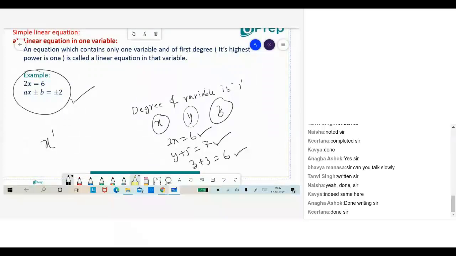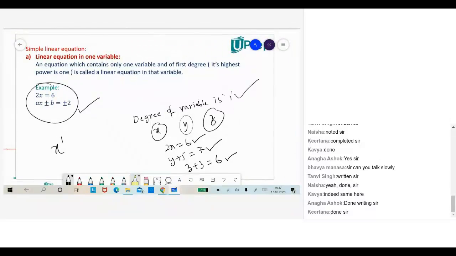So that is what is called a linear equation in one variable. Two things you need to understand, don't get confused. What is a linear equation? If the degree of the variable is 1, it's called a linear equation. Now, what is a linear equation in one variable?